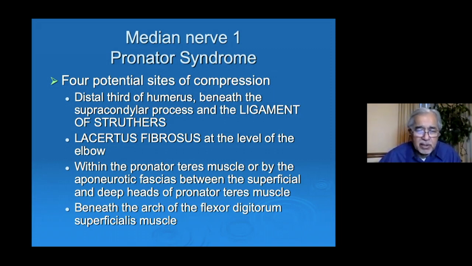And the pronator muscle, which is actually below the elbow joint, can also cause compression by aponeurotic fascia between the superficial and deep heads of the pronator teres muscle. And beneath the arch of the flexor digitorum superficialis also, the median nerve can be compressed.